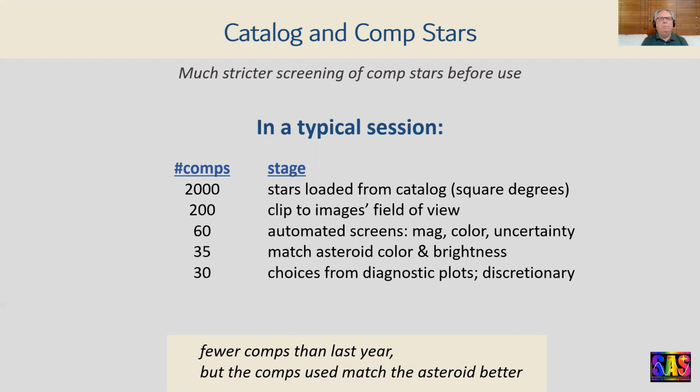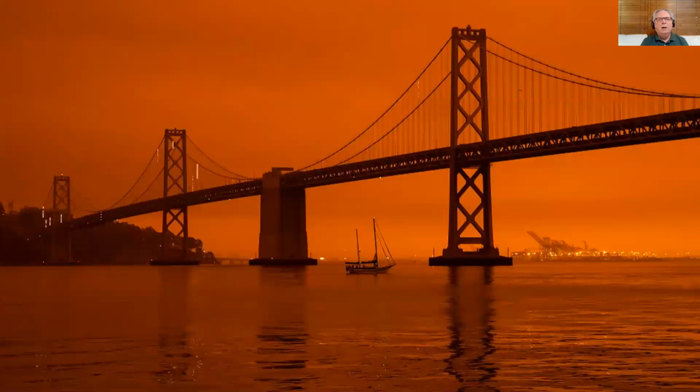That's a simple case. The next improvement in catalog and comp star handling was prompted by this effect from last September 2020. We all remember how bad the skies got in the western United States.